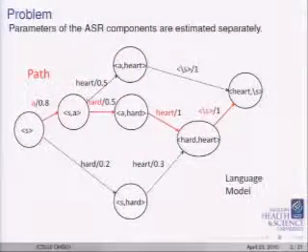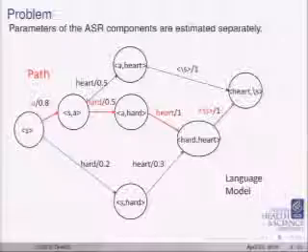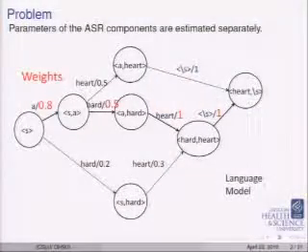Consider the finite state transducer representation of the language model, where the paths represent the word sequences and the weights represent the probabilities. These probabilities are estimated with maximum likelihood estimation or with discriminative modeling.